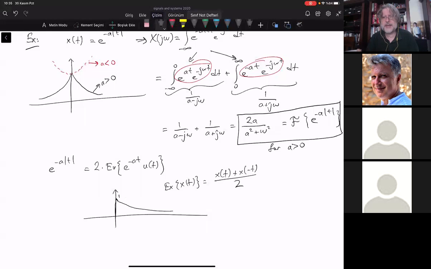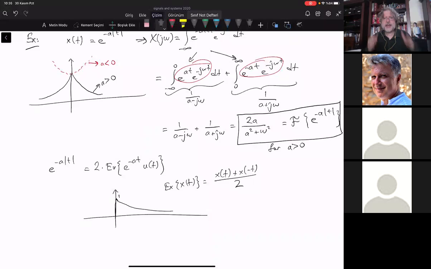That will give you the even part. So what is the even part of this half-sided exponential decay? You fold it around, it will be decaying at both sides. And then you divide by 2, so the starting point will be 1 over 2 with decaying exponentials.